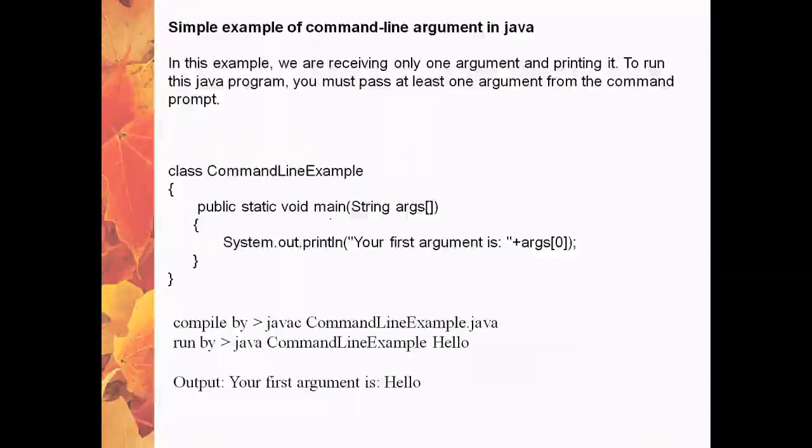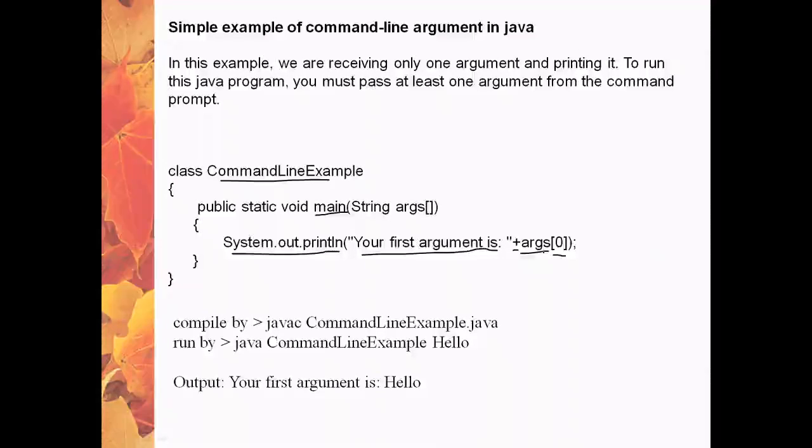So this is a simple program which reads command line arguments and prints the same. Now we have a class here, class CommandLineExample. In this class we have a main function. Inside the main function we have a print statement, that is System.out.print, and this print statement simply prints "first argument is", plus, which is used for concatenation, and args of 0.